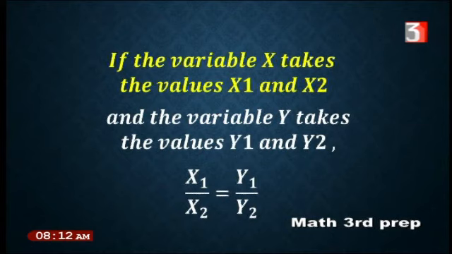It means that the ratio between the values of x, which are x1 to x2, is equal to the ratio between the two values of y, which are y1 over y2. Now let us have some examples informing the meaning of direct variation.